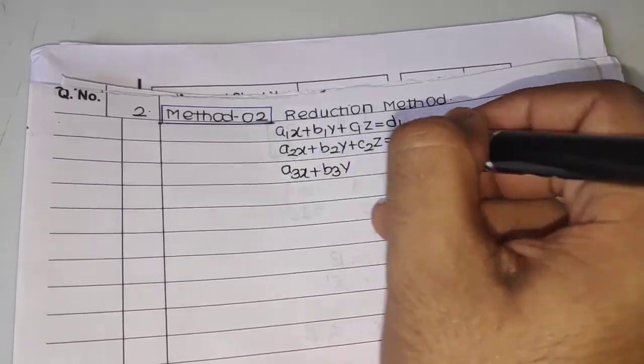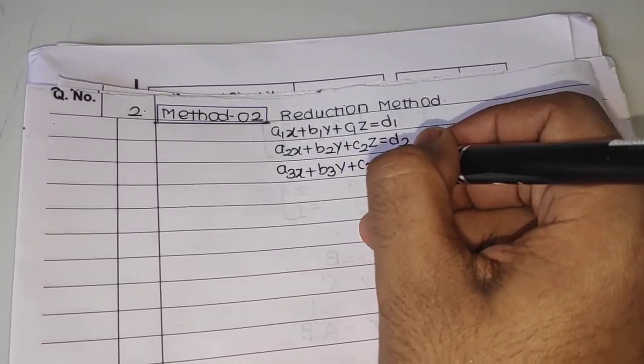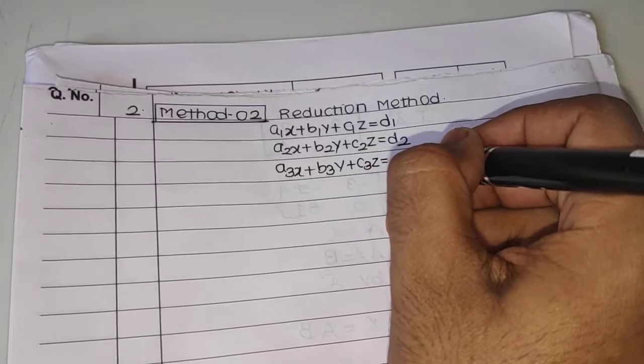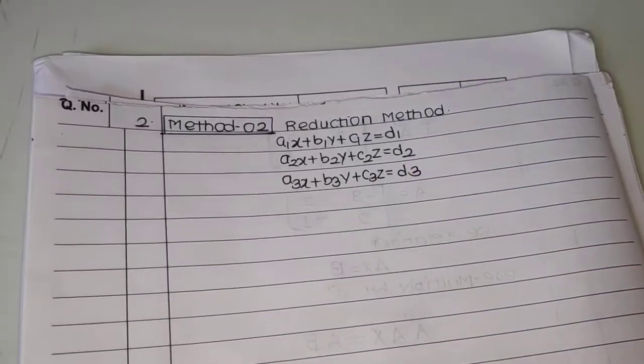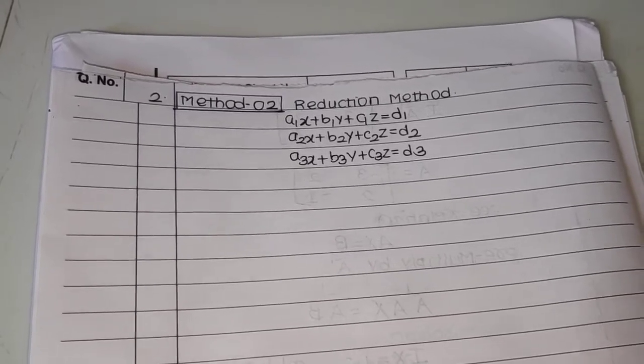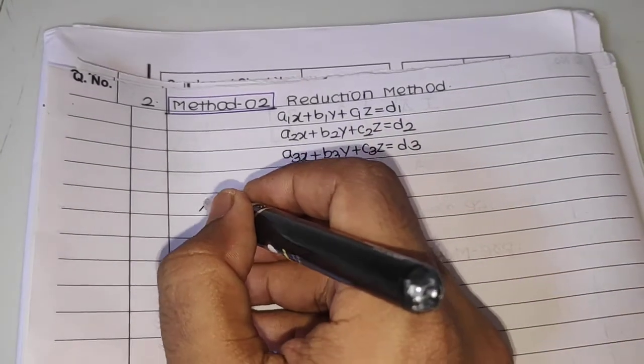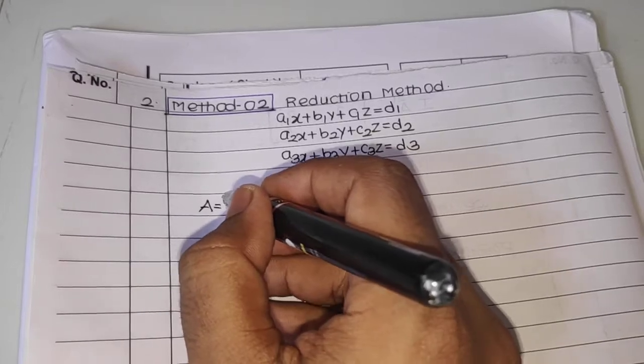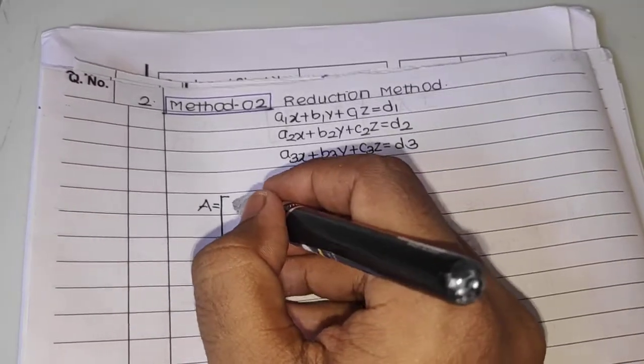Now I can take the example of 2 cross 2, but you can take any example, the method remains unchanged, whether it's 2 variables or 3 variables. So what is the first step? Number 1, you consider matrix A.